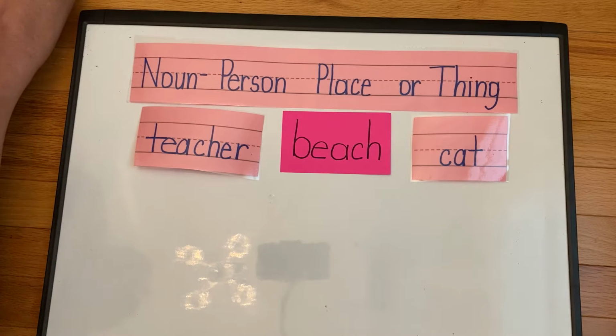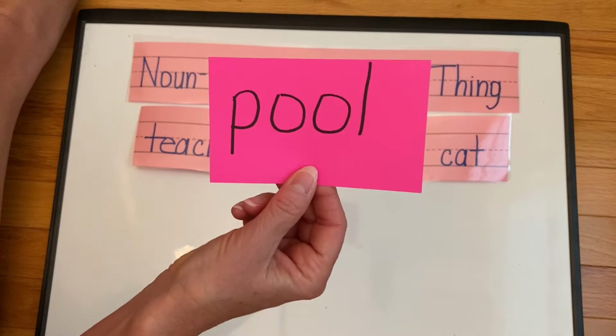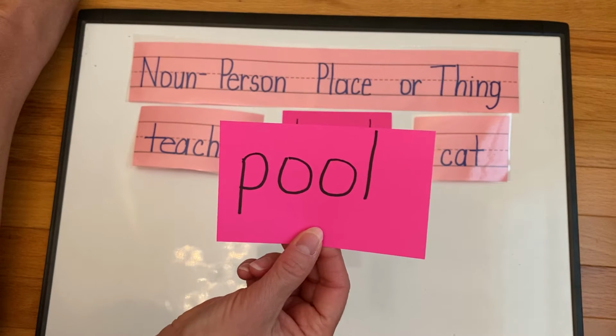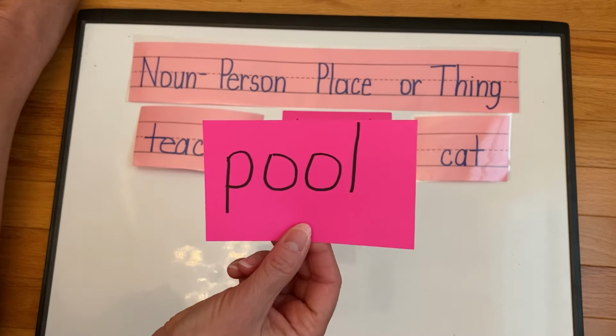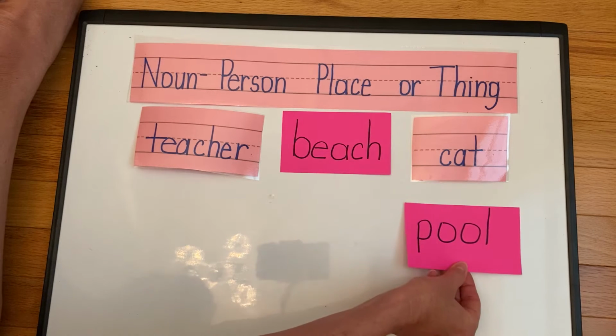Okay, let's do a few more. What about the word pool? Like you're swimming in a pool. Is that a person, a place, or a thing? Exactly, it's a place. Now, it also could be a thing as well.